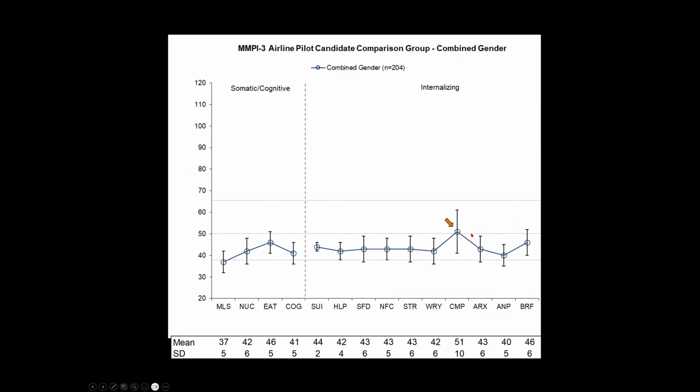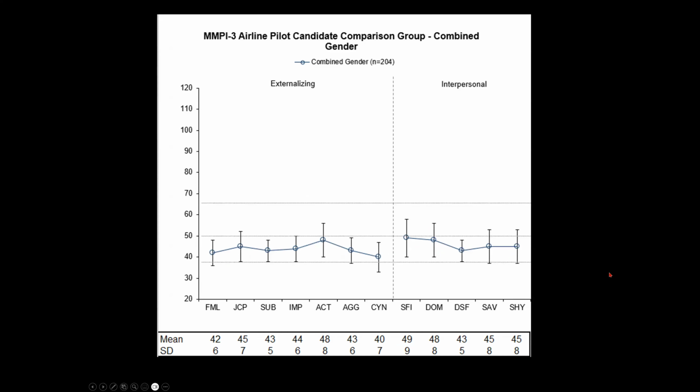Same finding that we've seen with the other pre-employment samples for the compulsivity scale, right at the general population mean and comparable standard deviation. So again, just important to be aware of that. That doesn't say there's anything wrong with our candidates in terms of compulsivity, just that on that particular scale, they're going to score similar to the general population.